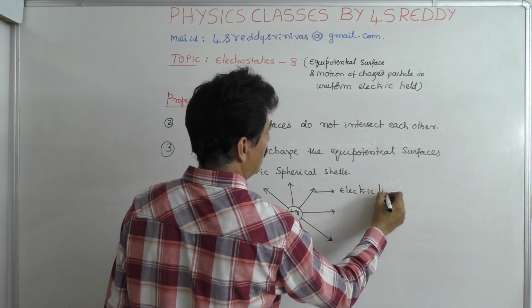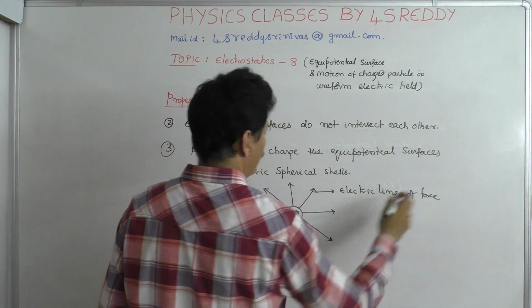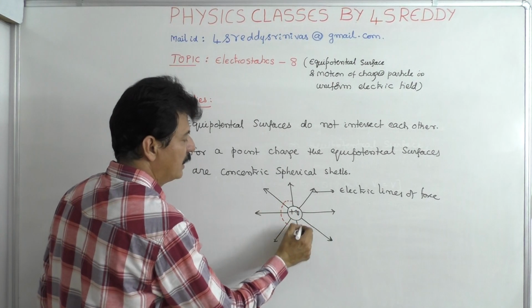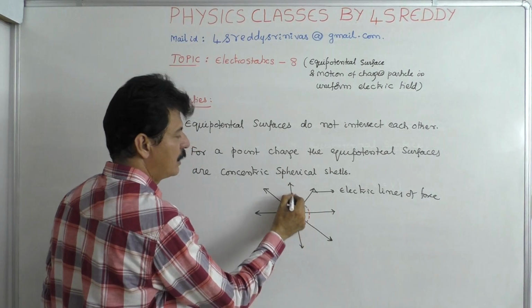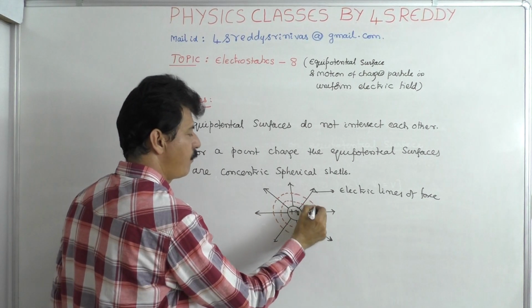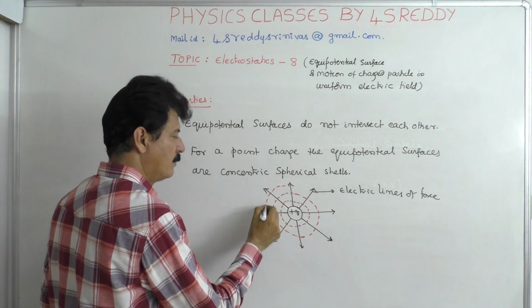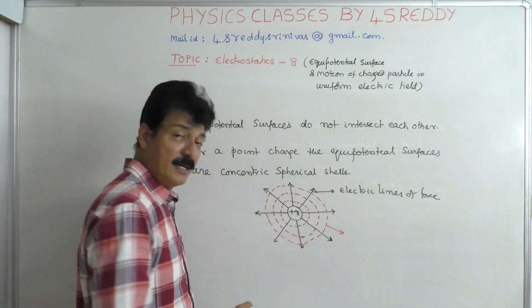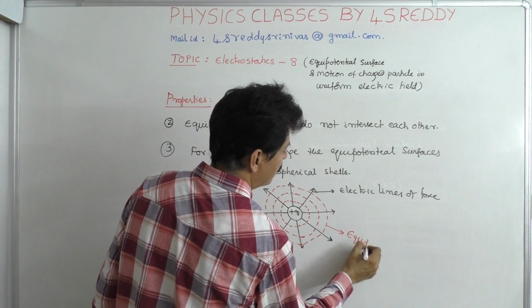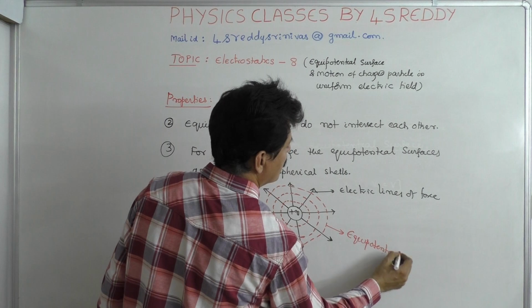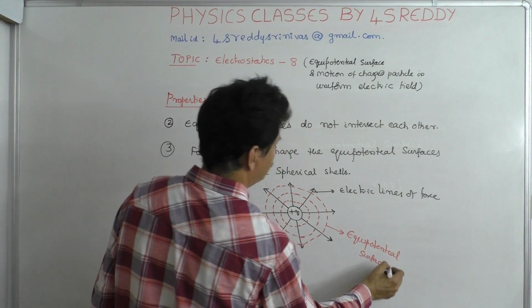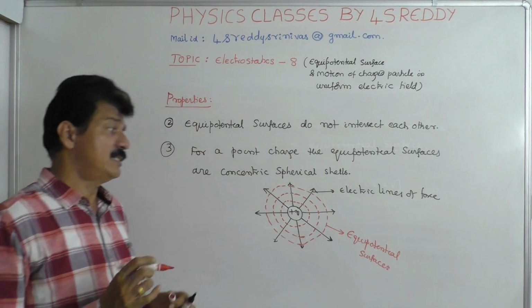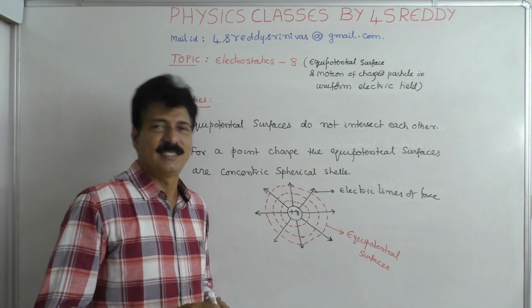The dotted lines represent the equipotential surfaces. So, for a point charge, the equipotential surfaces are concentric spherical shells.